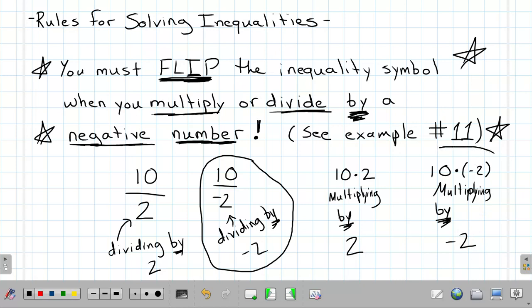So once again, where we would flip the inequality sign is when we multiply by the negative. And like I said, when we get to example 11, I'll make sure to point this out. But that's the only difference. Everything else in solving inequalities is the same as solving equations.